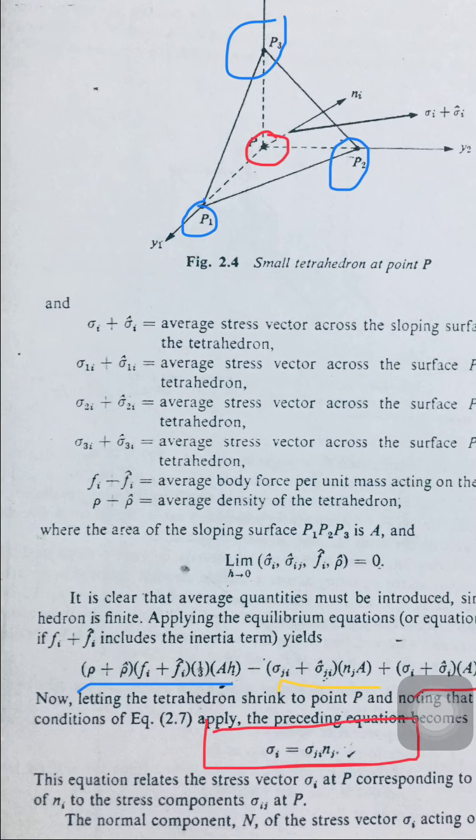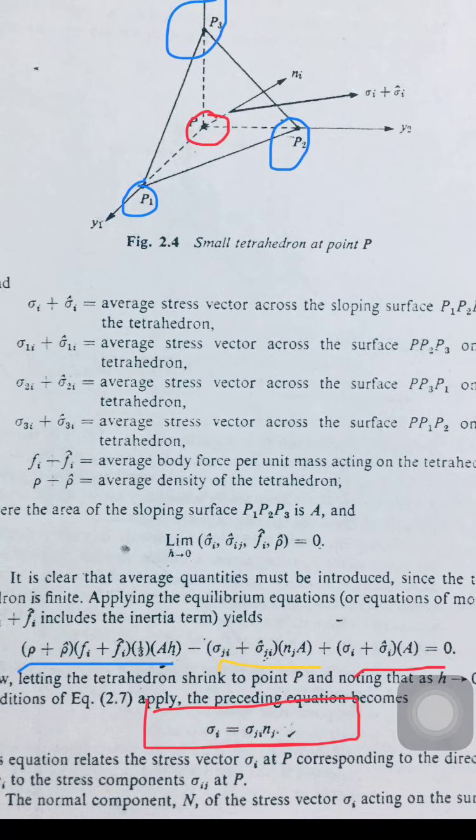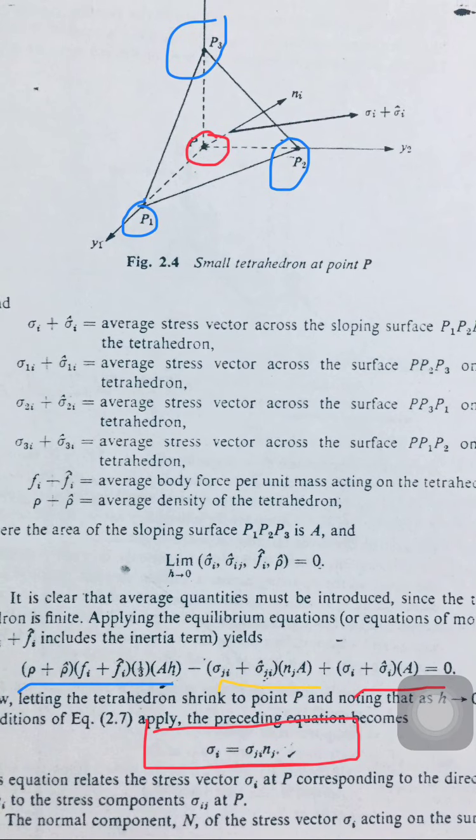Applying the equilibrium equation or equation of motion, Fi plus Fi cap includes the inertia term. One more term is included here, that is the inertia term. So after using this, applying the equilibrium equation, we get this relation, which we highlighted with blue ink, yellow ink and red ink.